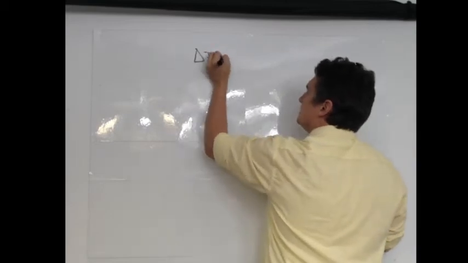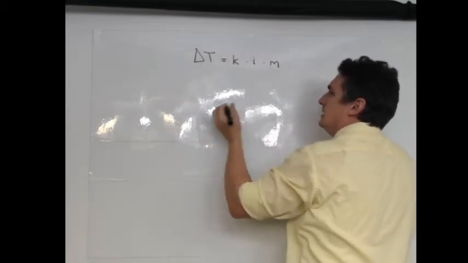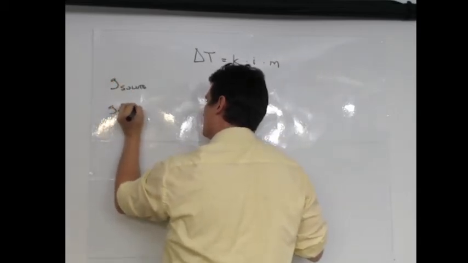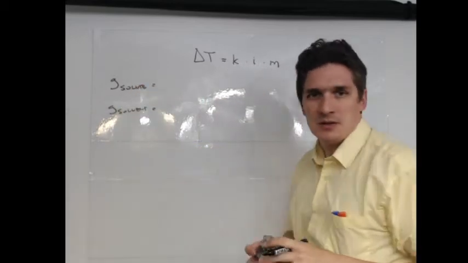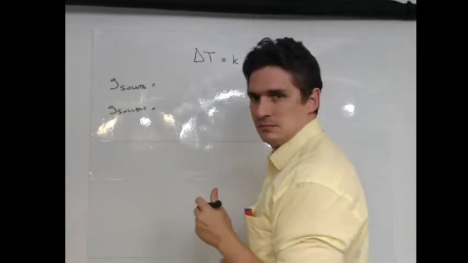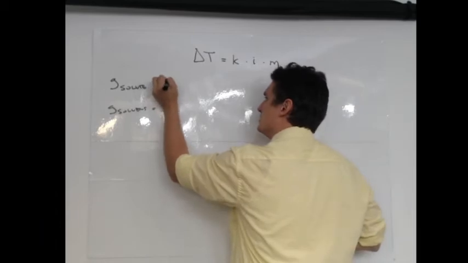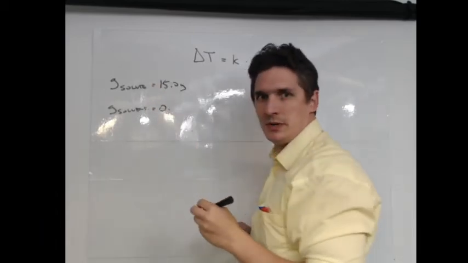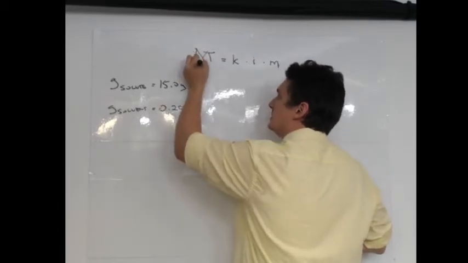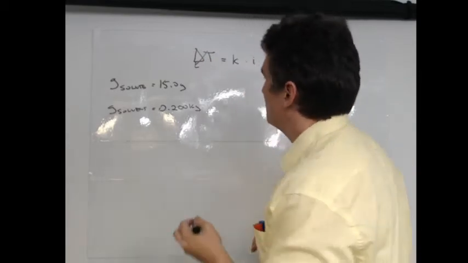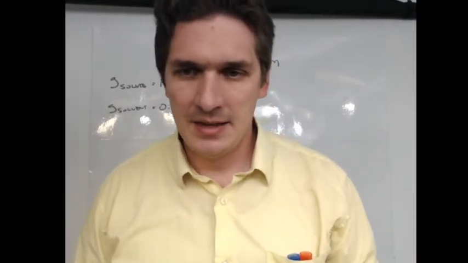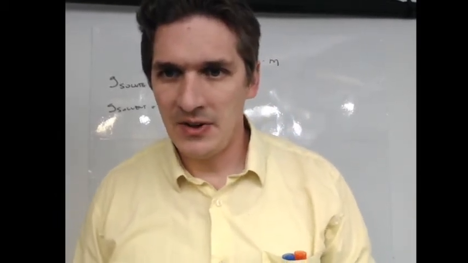So we get delta T equals K I M. So grams of solute is 15.0 grams. And we've got 0.200 kilograms of solvent. You're given the delta T. Freezing point depression is 8.35. For benzene, Kf is 5.12.